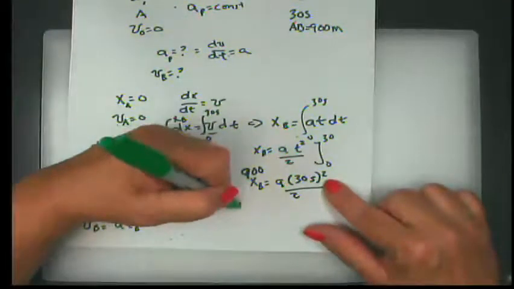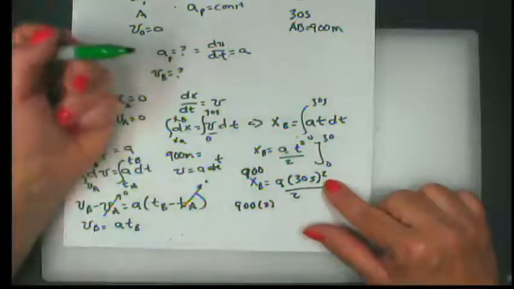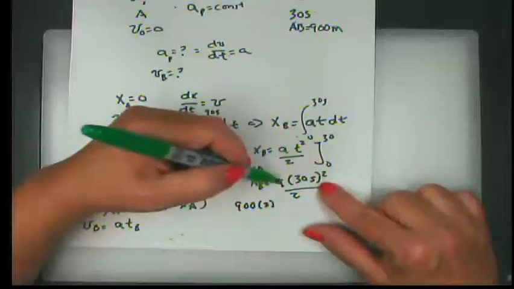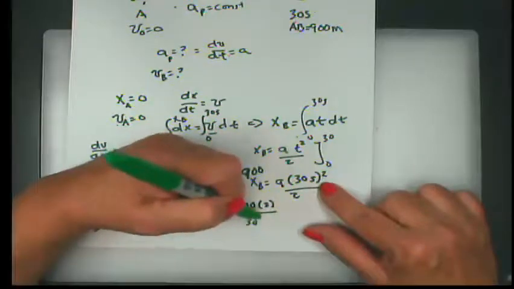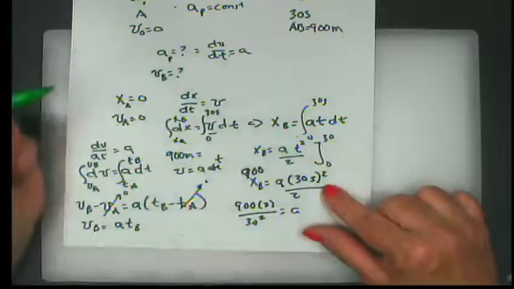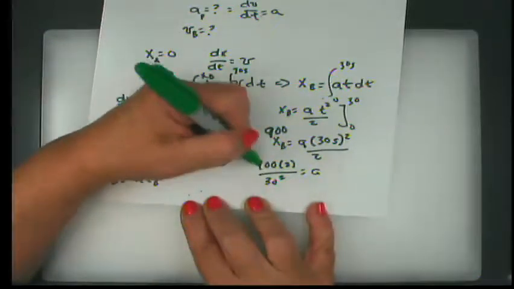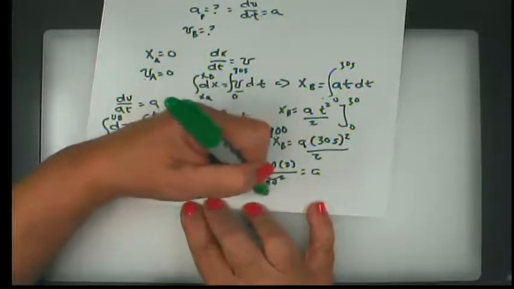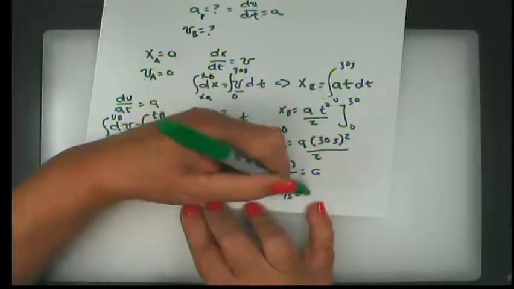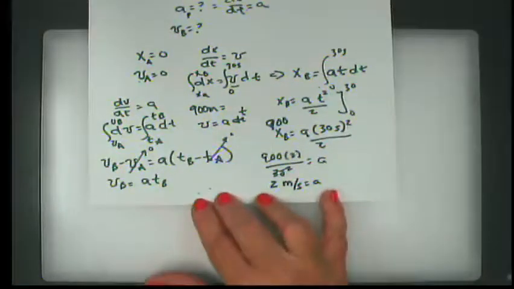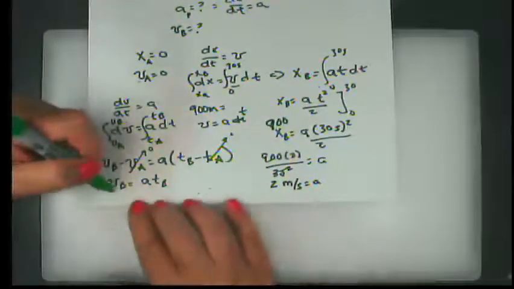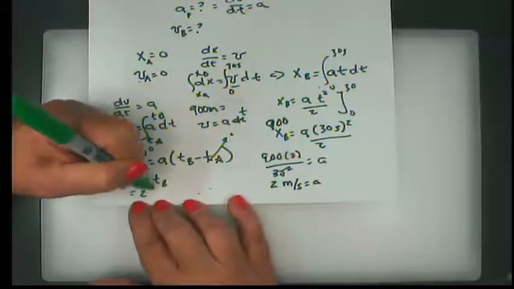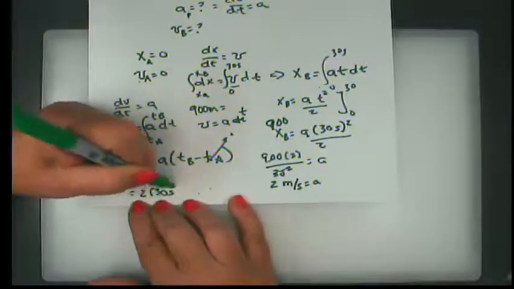So I can say 900 times 2 divided by 30 squared is equal to the acceleration. 30 squared is 900, so that's just 2 meters per second squared is equal to my acceleration. So I can then say that my velocity at b is equal to 2 times the time it takes to get there.